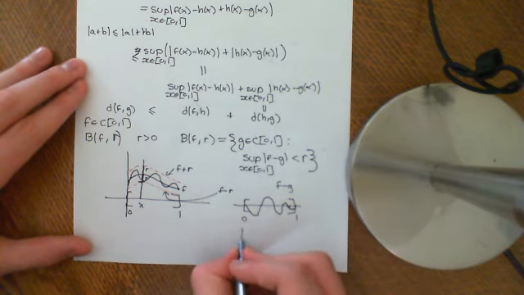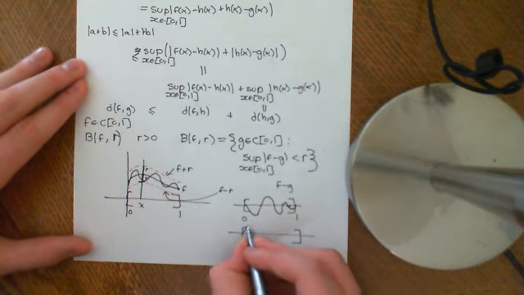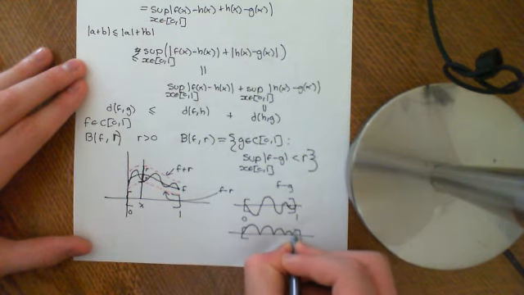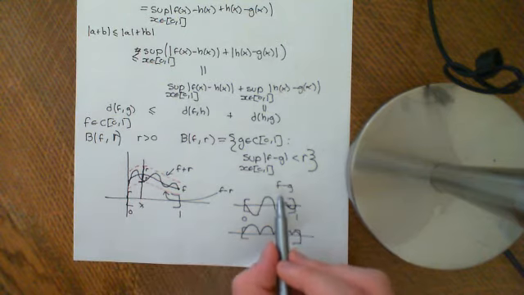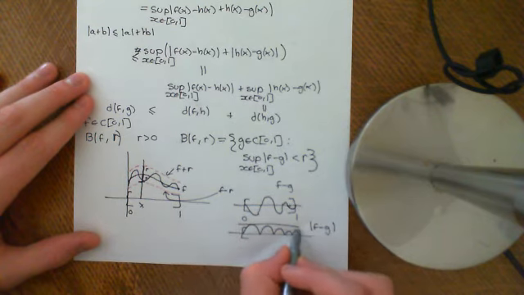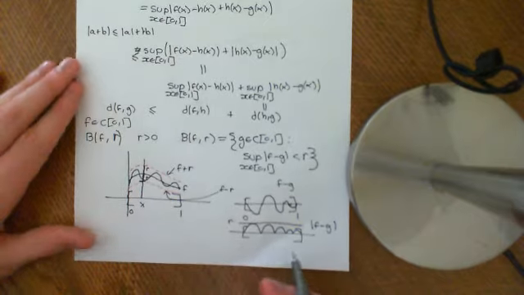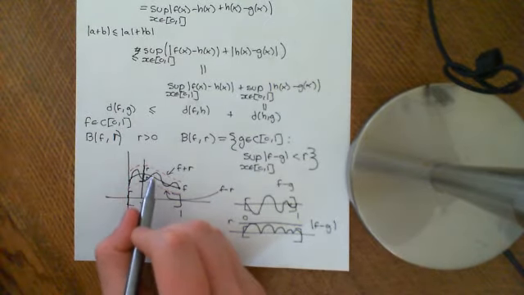Now if we take the modulus of that, we get something that looks like this. And providing it was within the ribbon, the maximum of this modulus of f minus g must be less than r, because it cannot possibly get further away from the function f than r if it was contained within this ribbon.